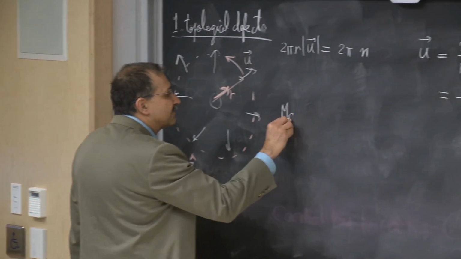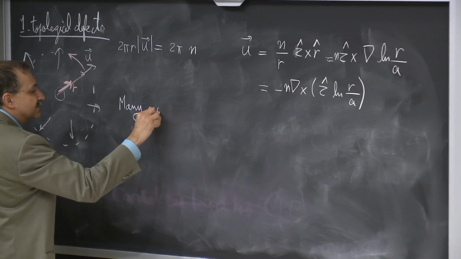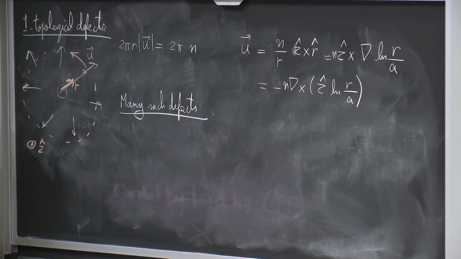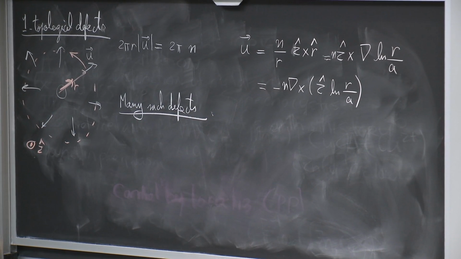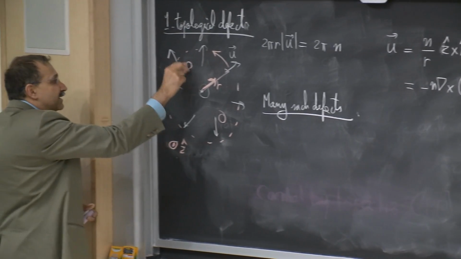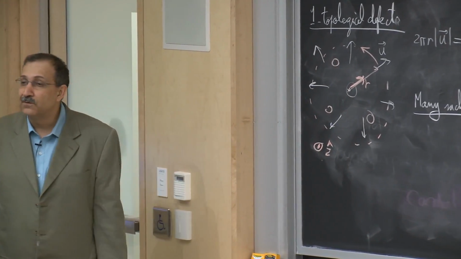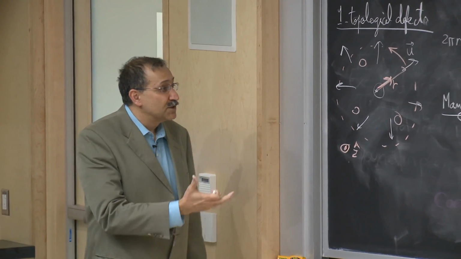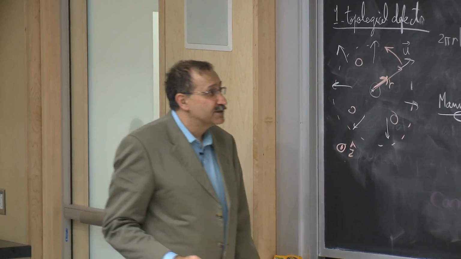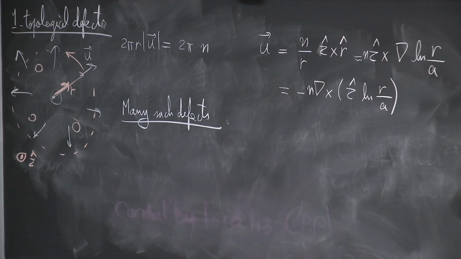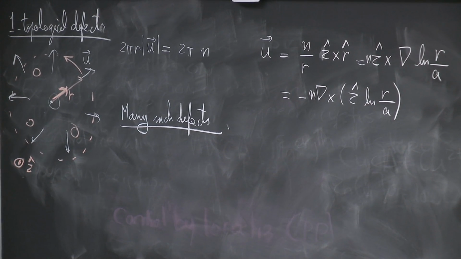What happens if I have many such defects? What I can do is, rather than having just one of them, I could have another topological defect here, another one here, another one here. There should be a combination of these things. And what I can do in order to get the corresponding U is to superpose solutions that correspond to single ones.